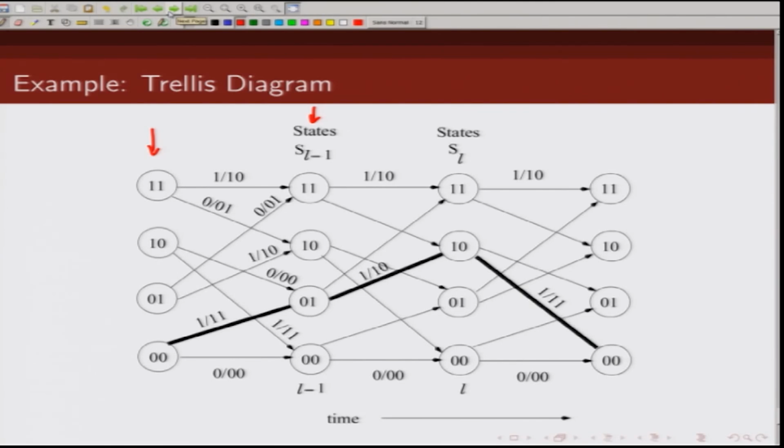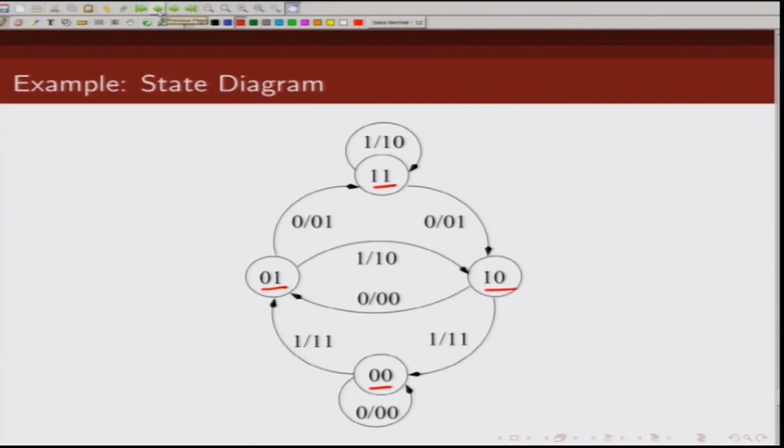Next, we draw a state transition from each state to the next state, provided there is a valid transition. We are going to map all these state transitions into the diagram that we just showed. Let us take this example. We are in state 0 0 and we get a 0. The output is 0 0 and we remain in state 0 0.